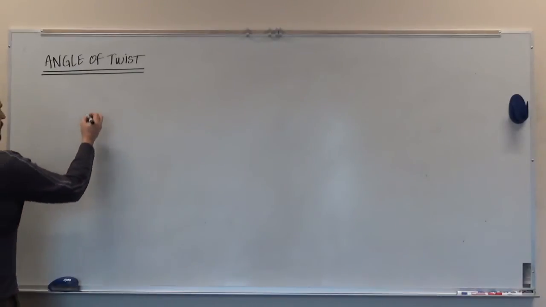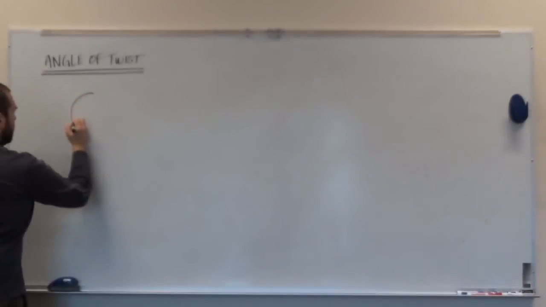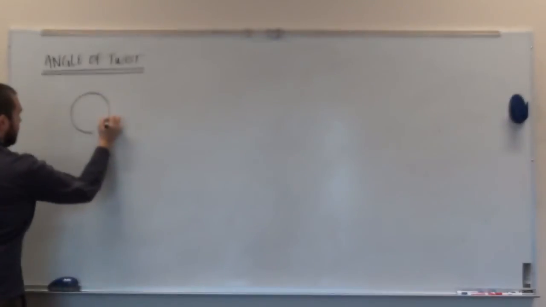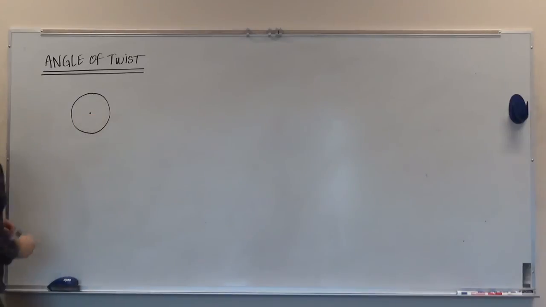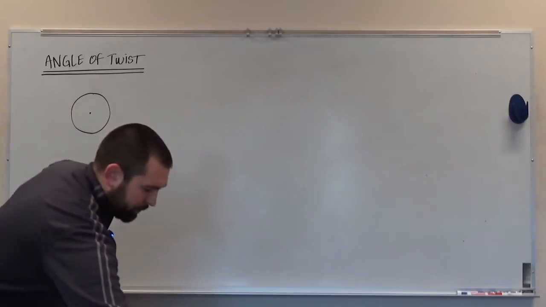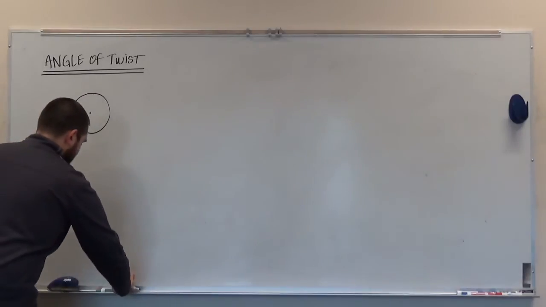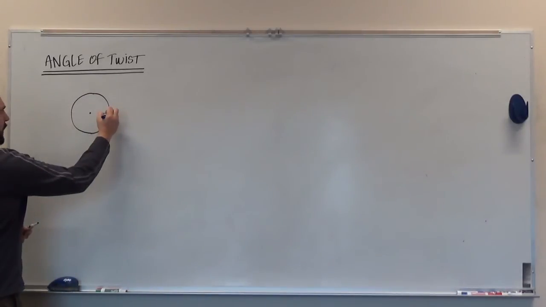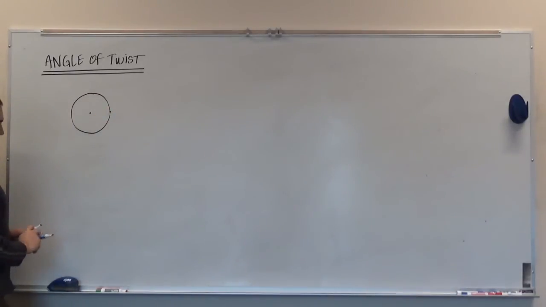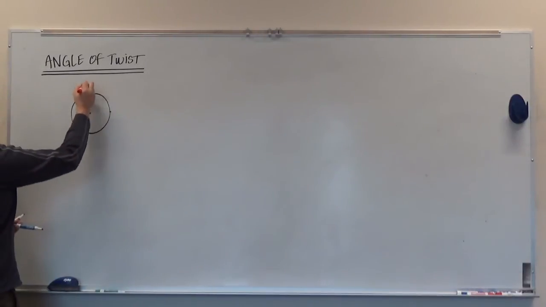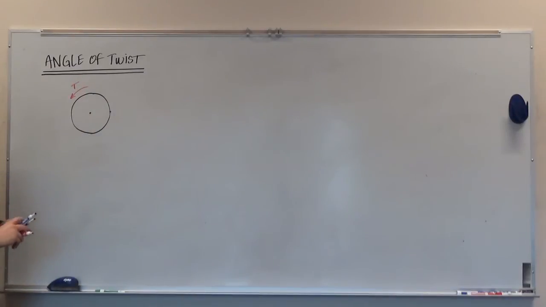And again, we talked about this a couple videos ago. If I have a circular cross-section, and again, that's what we're limited to in Chapter 5 to make the analysis a bit easier. Let's say that I paint a point at this location right here in the undeformed state, and then I apply a torque to that cross-section.